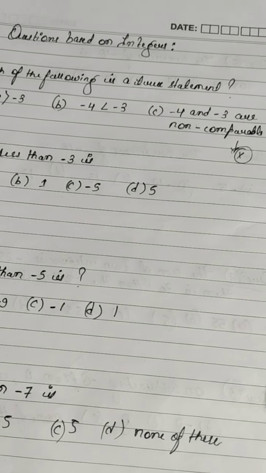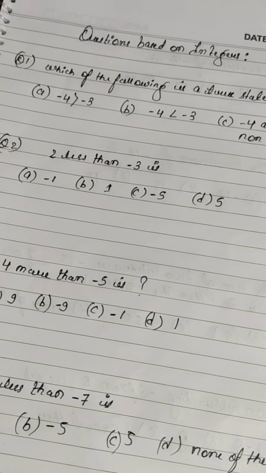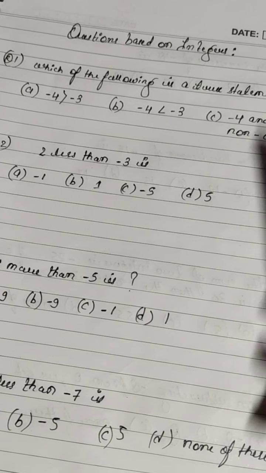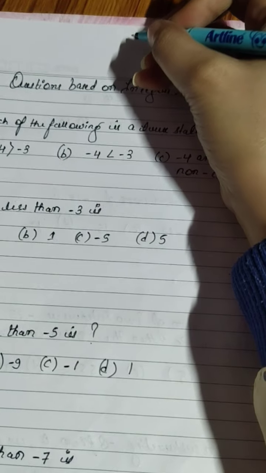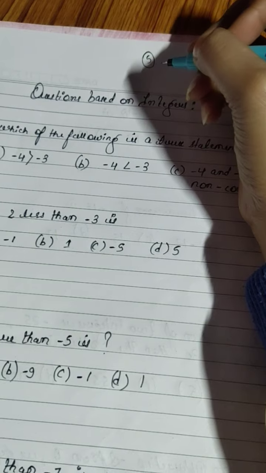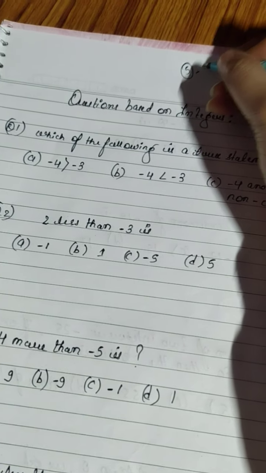Okay. Now option A states -4 is greater than -3, and option B says -4 is less than -3. Let's conclude. We are taking one number, 5, and we are going to subtract one of these numbers from 5. Firstly we'll take 4.